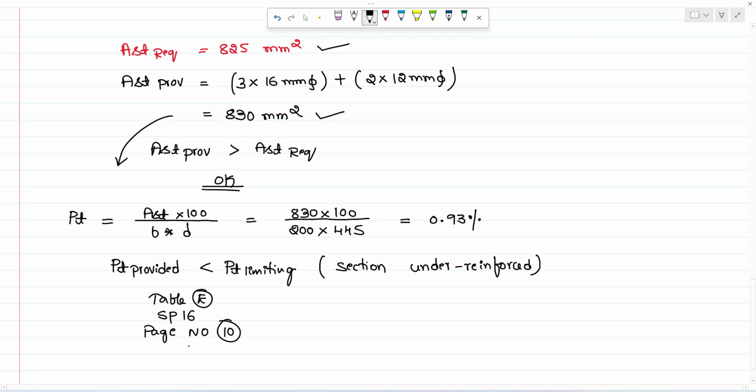So here you provided a steel of 0.93%, which is less than your maximum limit. So maximum limit is 0.94%. So then you can say your section is under reinforced. Okay.